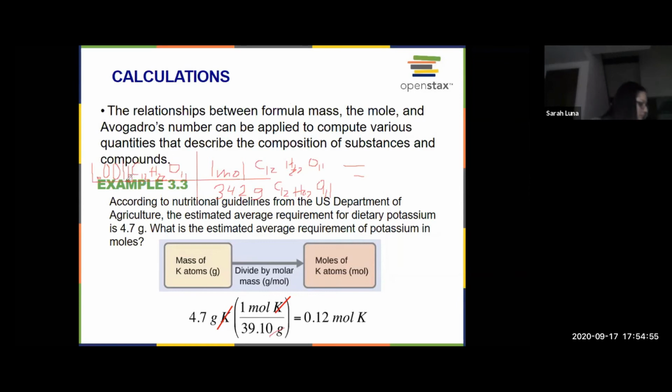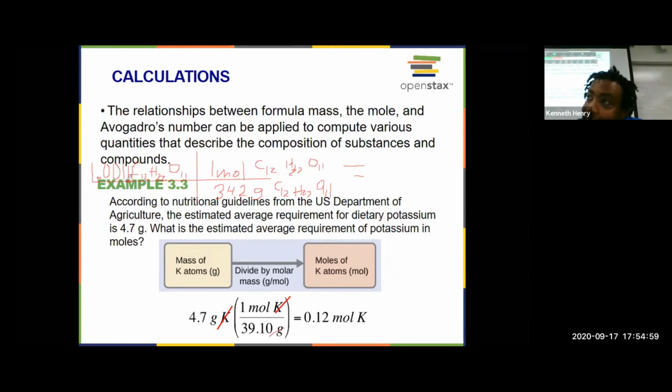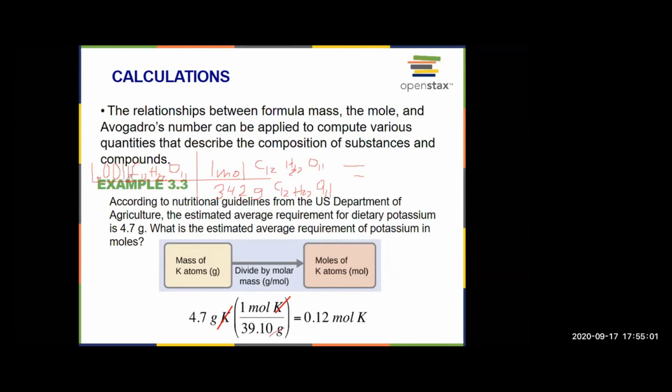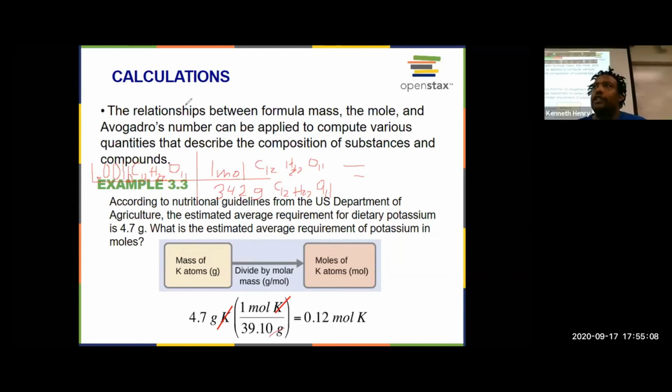Because we're in the US, we're talking about sugar. Convert the pounds to grams and then do the division to get moles. Okay, so we essentially do exactly the same thing, except the first thing we do is convert our pounds into grams.